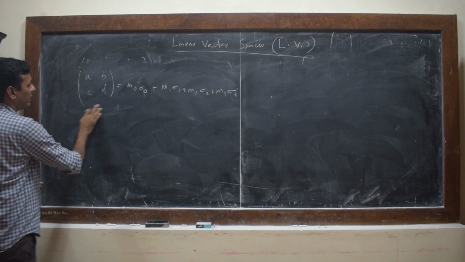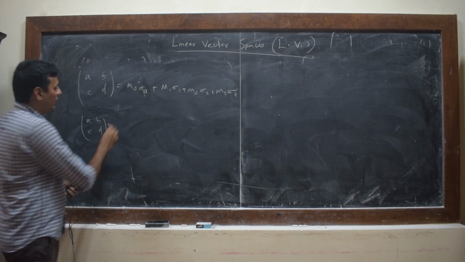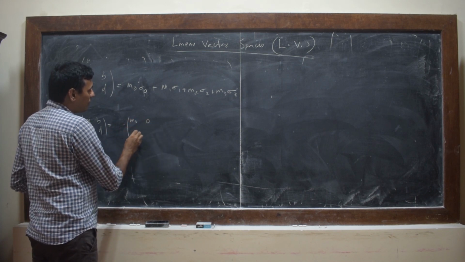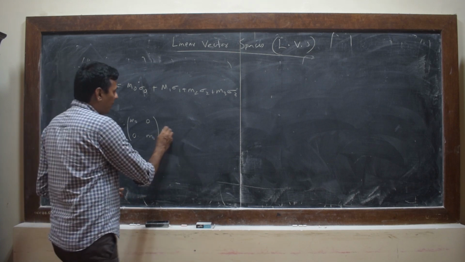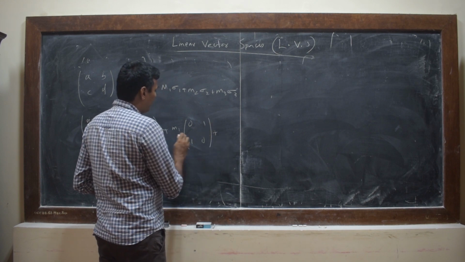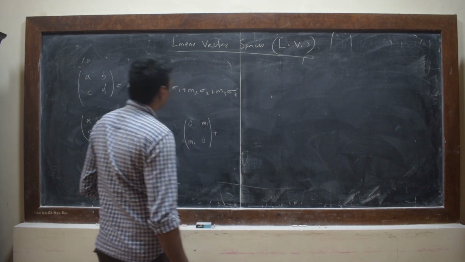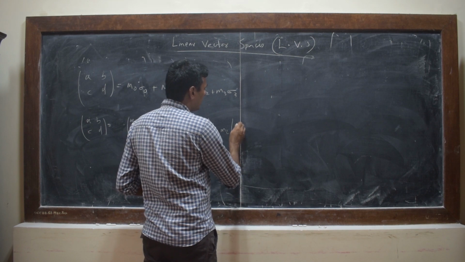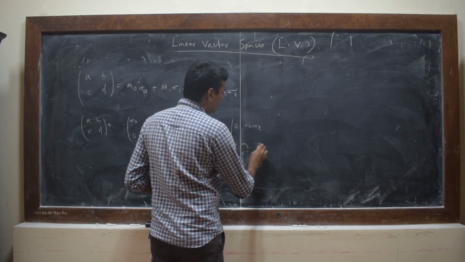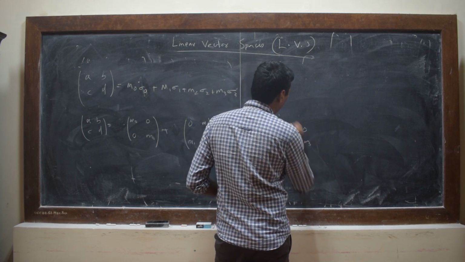So I can write ABCD as m0 into identity, which is [[m0, 0], [0, m0]], plus m1 into sigma 1, which gives [[0, m1], [m1, 0]], plus m2 into sigma 2, which gives [[0, -i m2], [i m2, 0]], plus m3 into sigma 3, which gives [[m3, 0], [0, -m3]].